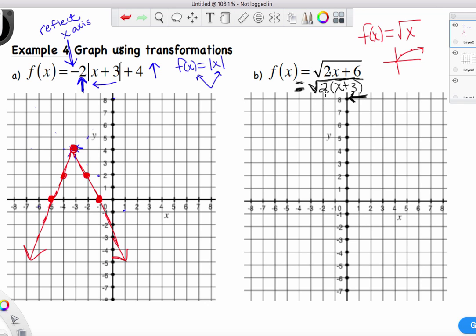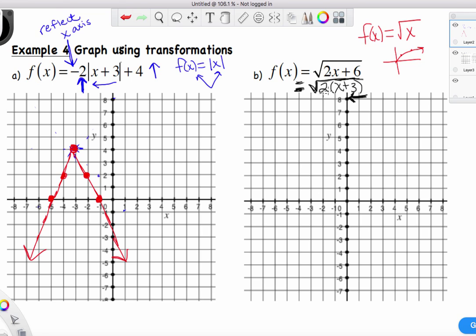It is the opposite for when you're on the inside of the function. Multiplying by 2 is going to compress the x values in the function. It's going to compress the x. So outside affects the y, and if I say I'm multiplying by 2, I multiply my y values by 2. If I say I'm halving them, then I divide my y values by 2.